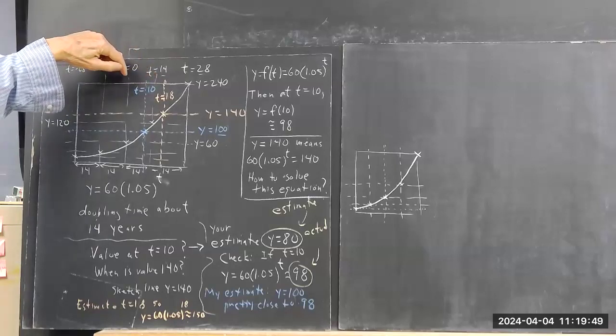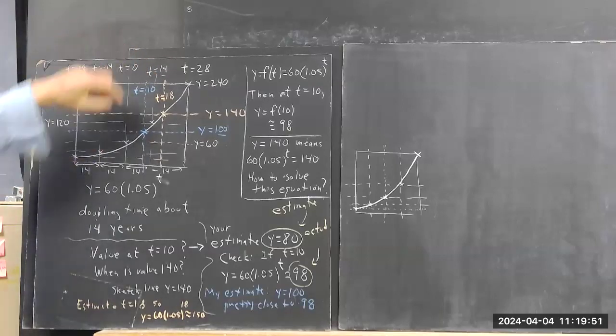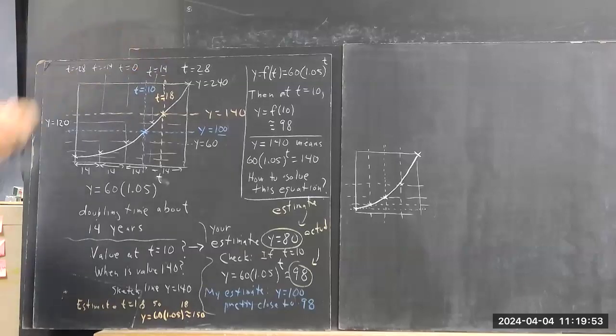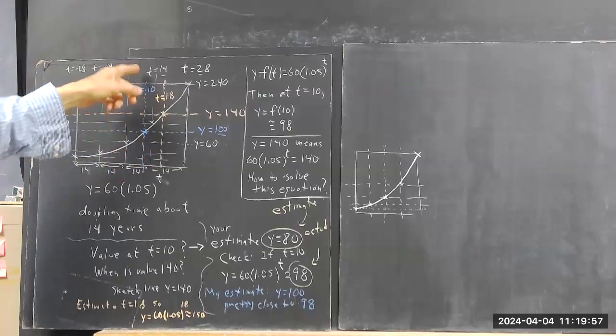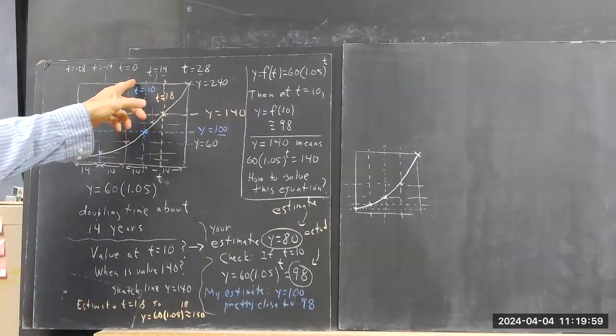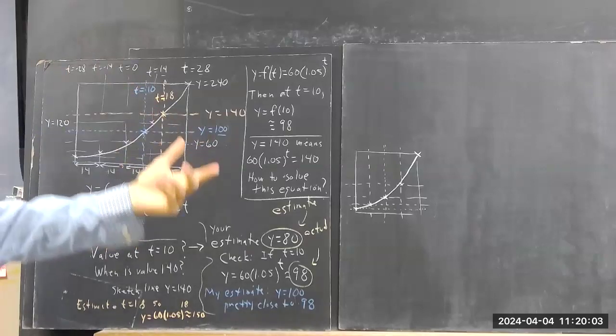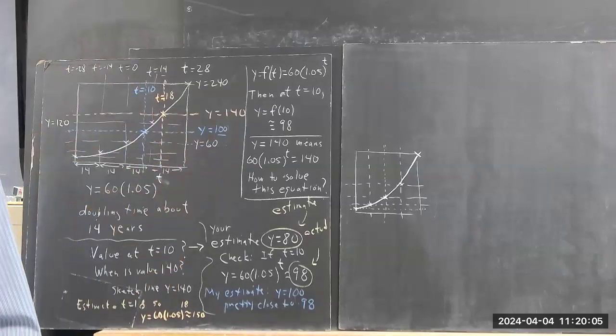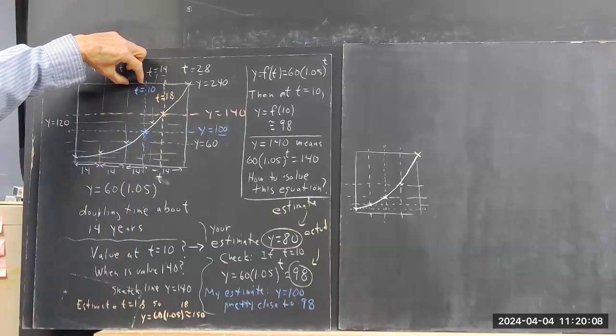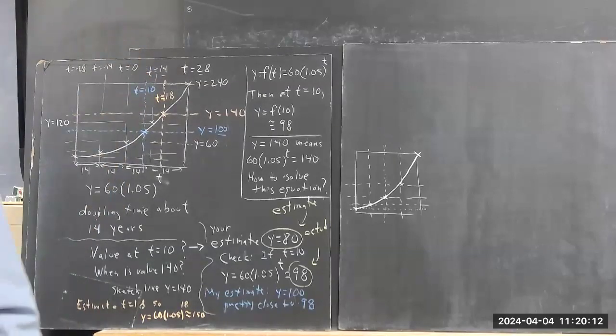How far are you from 0? You're 10 units from 0. So you're a lot closer to 14 than you are to 0, right? Use a little common sense and you locate this thing. You don't put it over here closer to 0. You put it to the right of halfway, because halfway is easy to calculate. That would be t equals 7, right? You can even say, okay, t equals 7 about here. So t equals 10. I probably should have had it even a little further to the right.